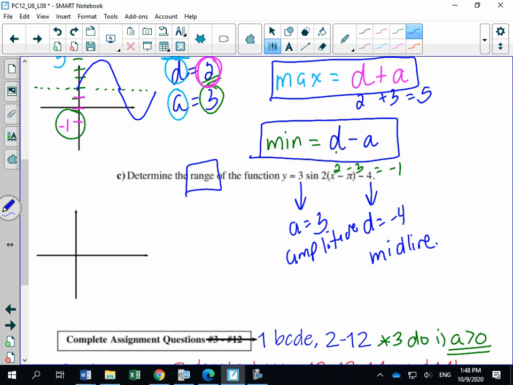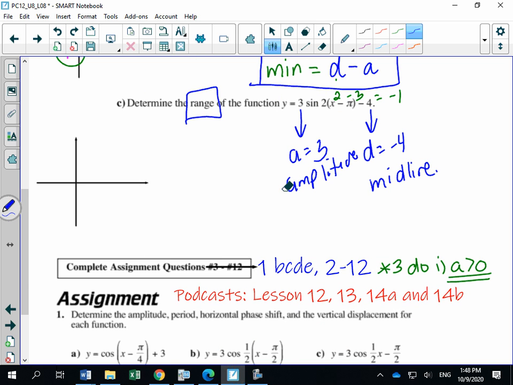That's all that's going to affect my range. So I'm just going to sketch a sine graph with a midline at -4 and an amplitude of 3. And then I'll be able to get the range of this function. So midline of -4: -1, -2, -3, -4. That would be your midline.